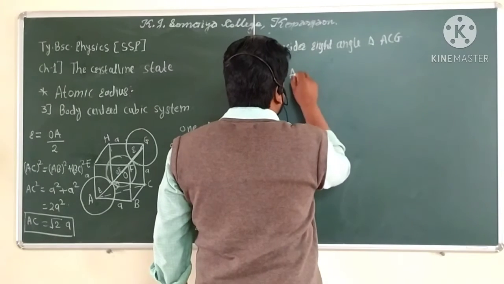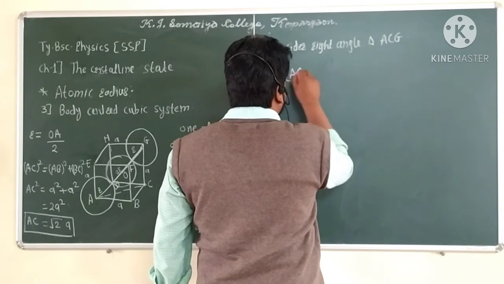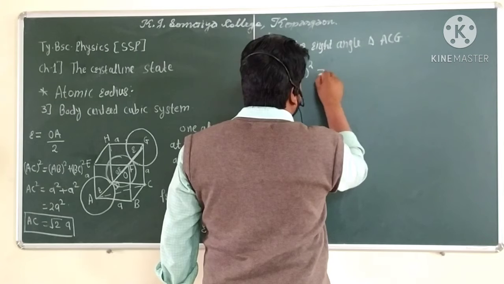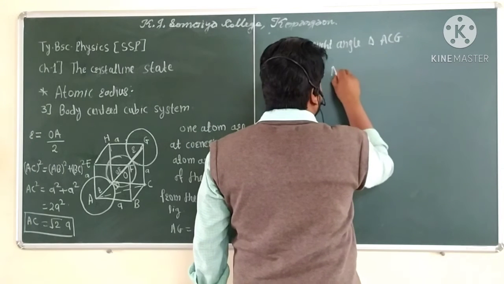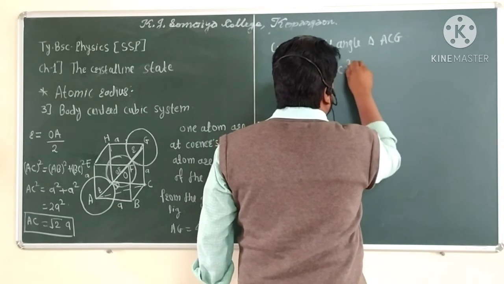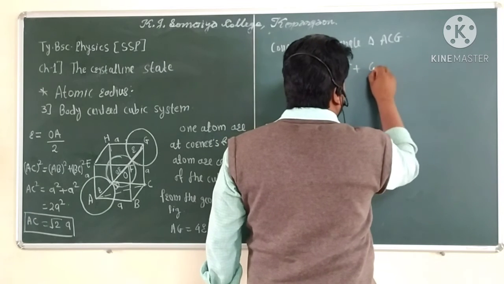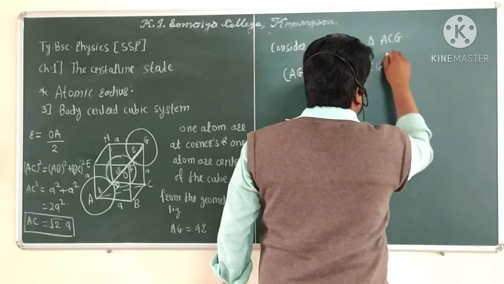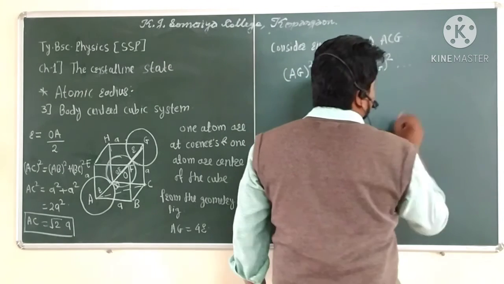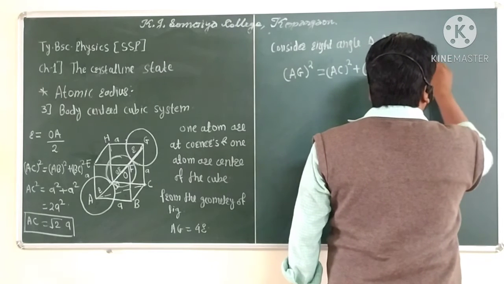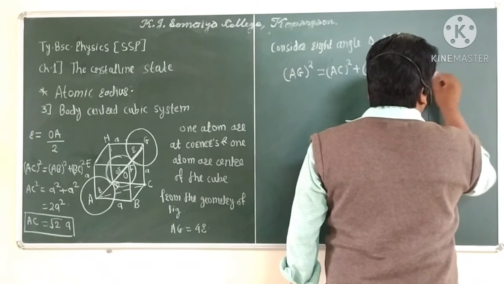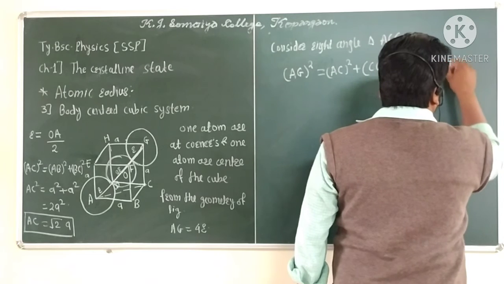So AG whole square is equal to AC square plus GC square, or CG square. So this relation is according to the Pythagoras theorem.